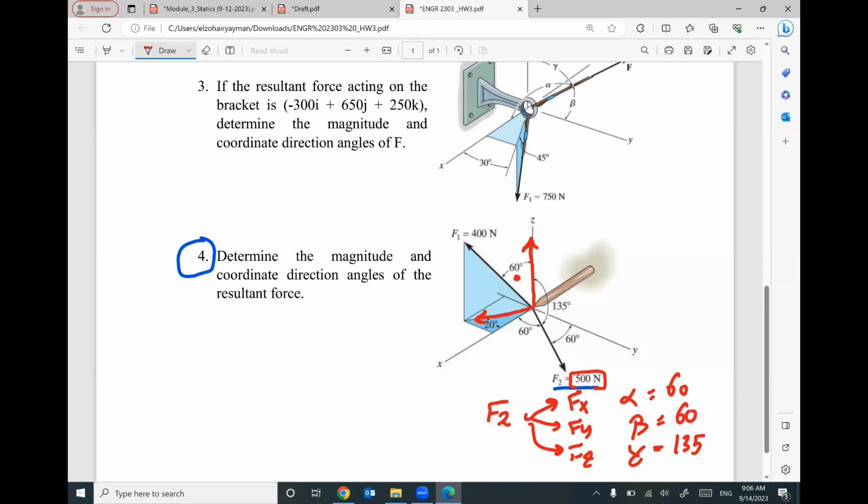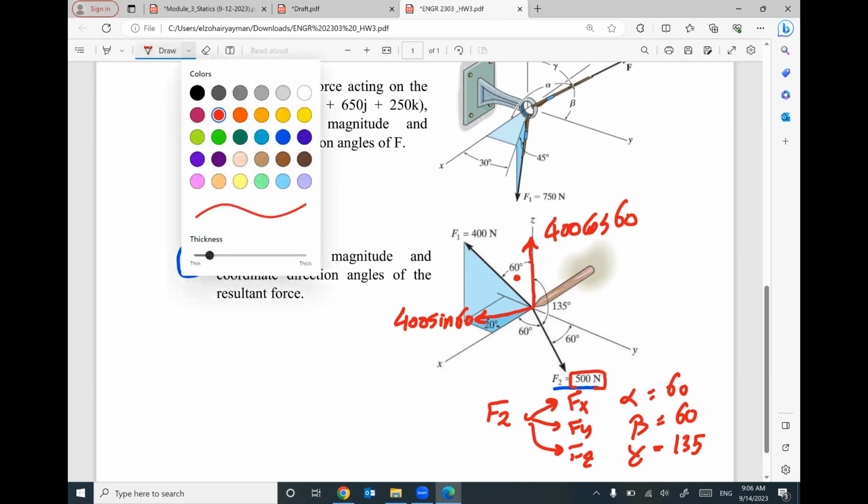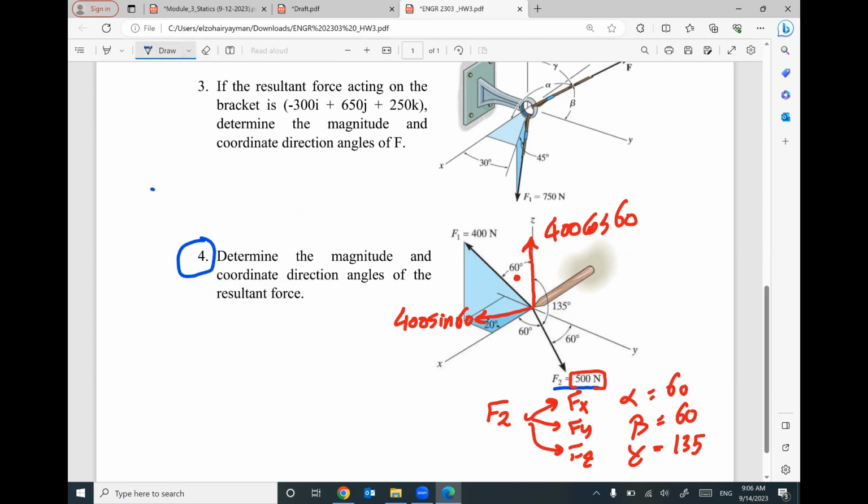So I will break 400 between the projection line and the Z using 60. One of them will be cosine and the other will be sine. Since 60 is adjacent to the Z, this one will be 400 cosine 60, and the projection line component will be 400 sine 60. That makes sense? Then I will break the projection line component between the X and Y.